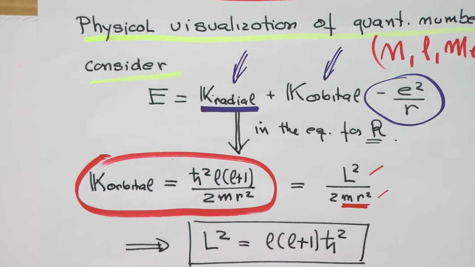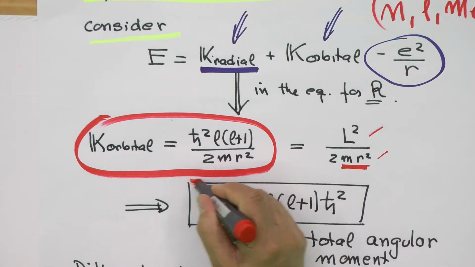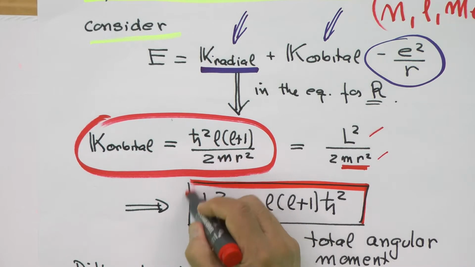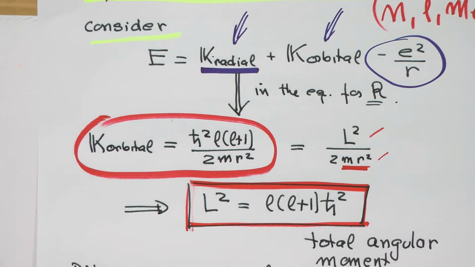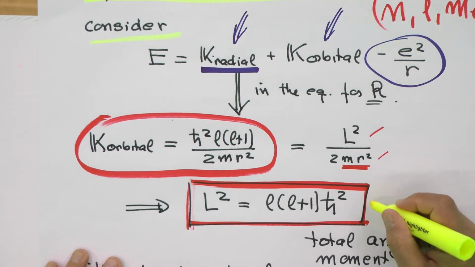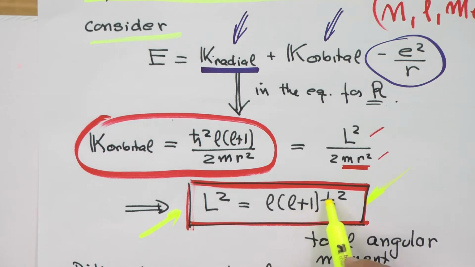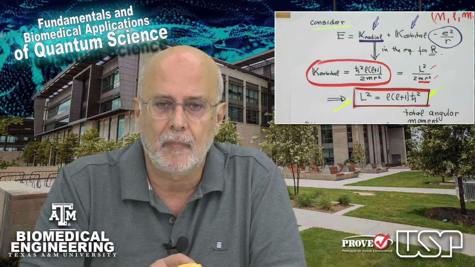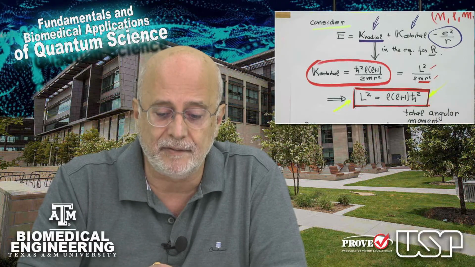By identifying things, we came with the value. Who is L? L is actually the angular momentum of the orbit, and is quantized as expected, right? The angular momentum square is L times L plus 1 h bar squared, which is the quantity that conserves in the system. And because it conserves, it is a good number to have.